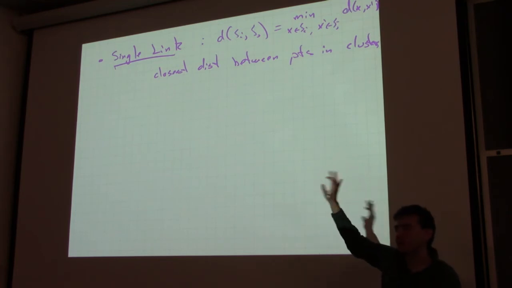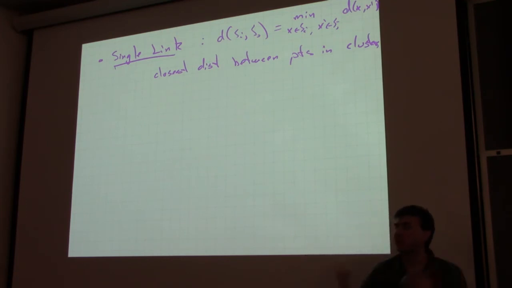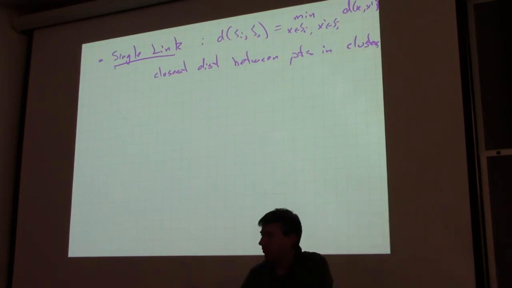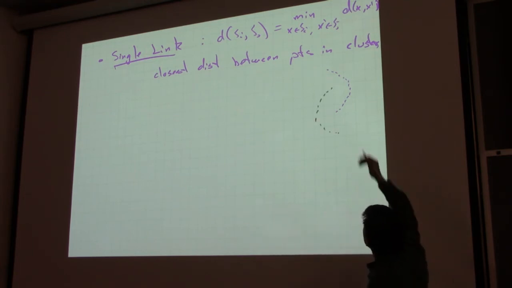This is a very popular one, and it gives you something which is structurally fairly different than most other clustering algorithms. It'll be different than the center-based ones, which we'll talk about on Wednesday, and the spectral ones. And it will sometimes give you interesting looking clusters. The classic example is what's known as the two moons data set, which looks kind of like this, where I have these two sets of points.